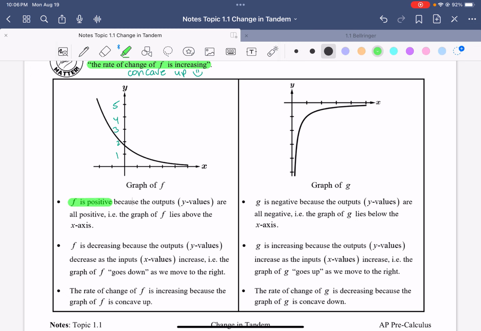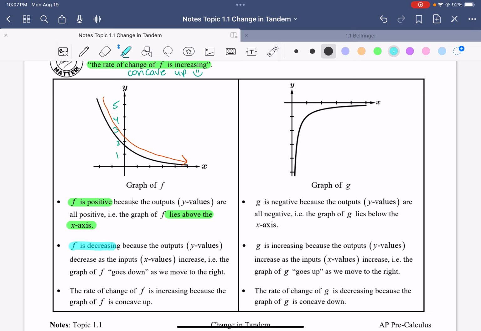So when it says f is positive, that just means that it lies above the x-axis, okay? Now f is decreasing because the output values, which are the y values, decrease as the input values increase. So you can see the graph is going down as you go from left to right.